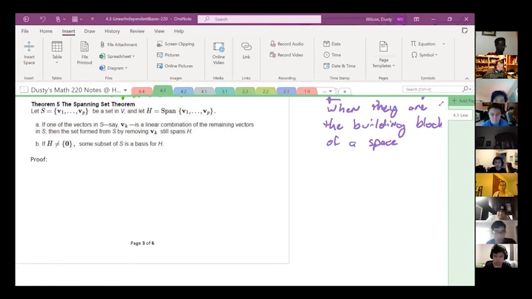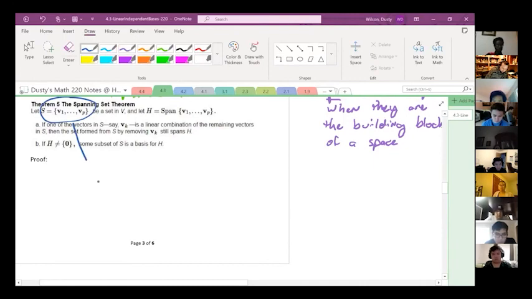So if we let S equal V1 to VP, and that be a set in some vector space V, and let H equal the span of those vectors. Let me make sure you're tracking what's going on. S right here, this is a finite list.